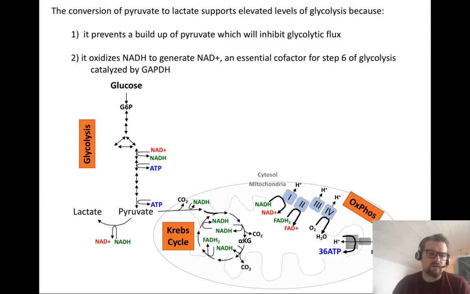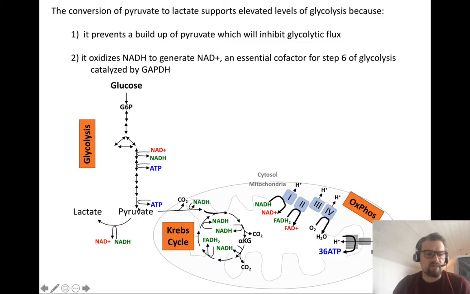the end product of glycolysis is pyruvate. But the problem is that glycolytic flux can go much faster than pyruvate can be metabolized within the mitochondria. So if you're trying to ramp up glycolysis to use the carbons of glucose for biosynthesis, pretty soon you come to a limiting point where you have too much pyruvate. It can't be dealt with by mitochondrial metabolism.